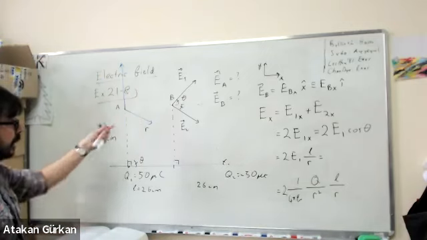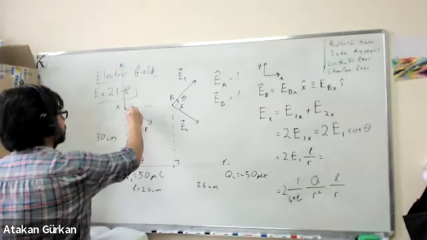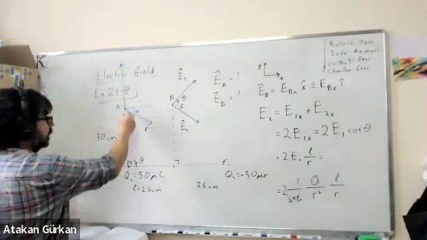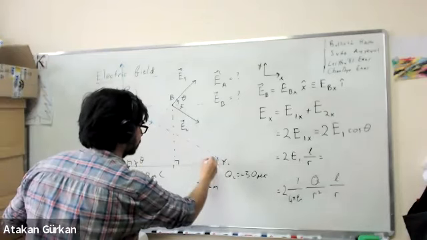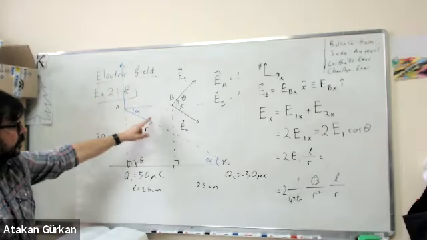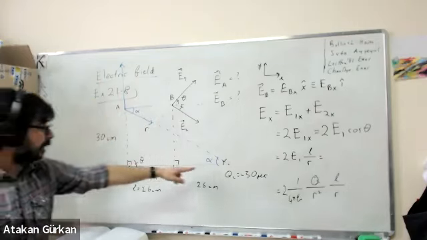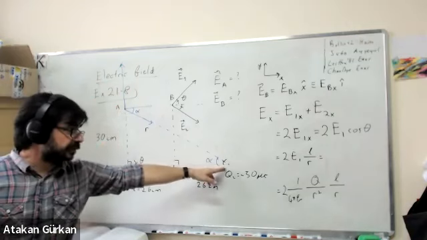To calculate the components, you will need this angle, let's call this alpha. And that angle alpha is the same as this angle alpha. To calculate the x component of this electric field vector, you will need cosine alpha, but cosine alpha is 52 divided by this hypotenuse.